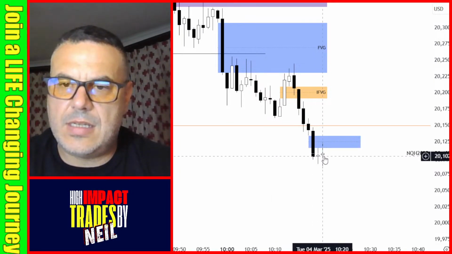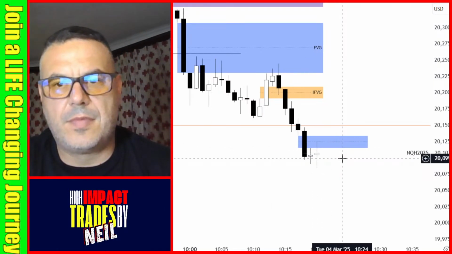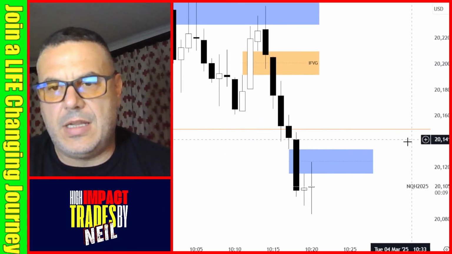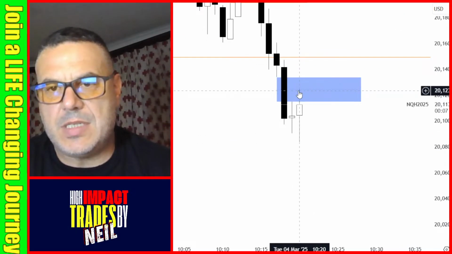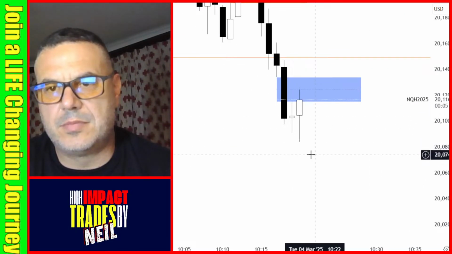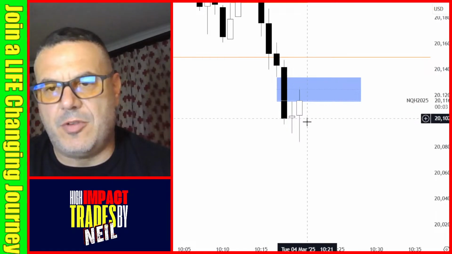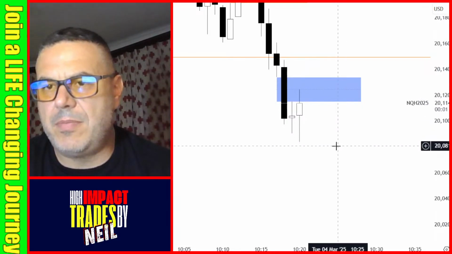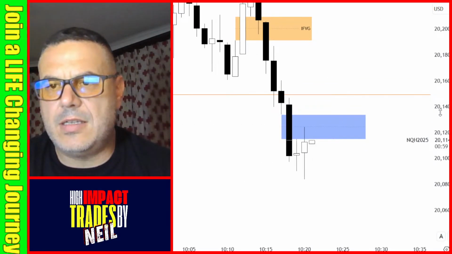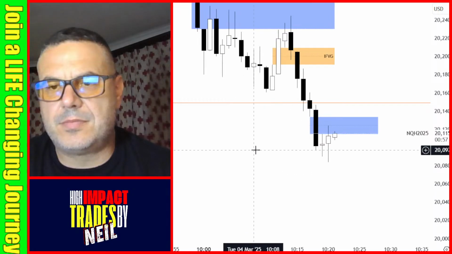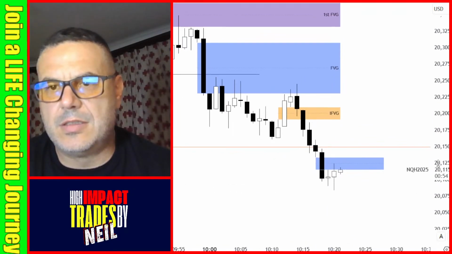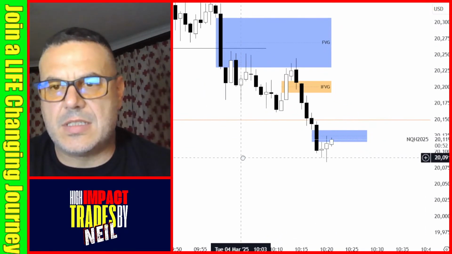Again, see how this candle's stopping in its tracks on that 50% of that fair value gap. If we drop from here and it stays there, that's algorithmic, and that's just one of those things, how precise some of these things can be.